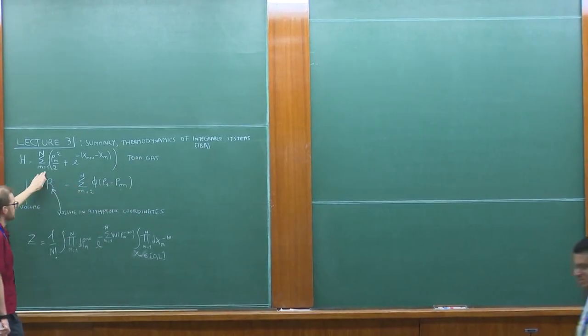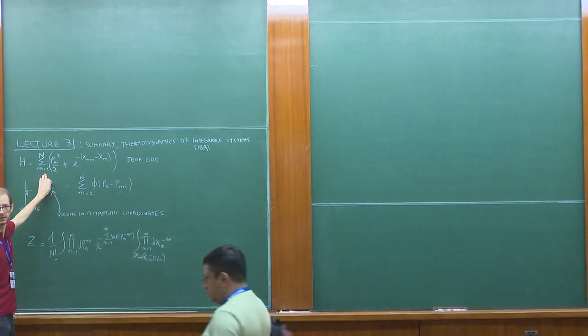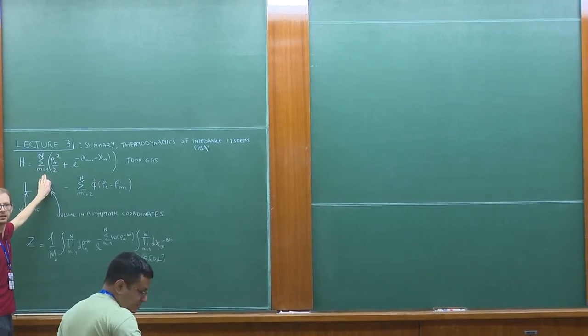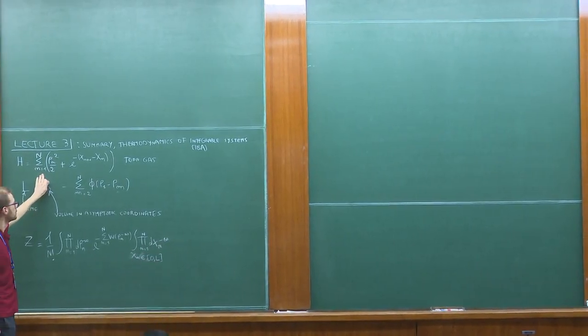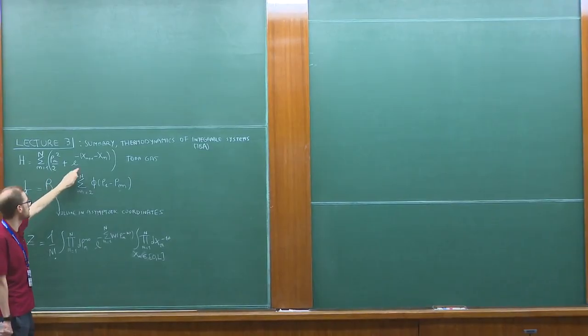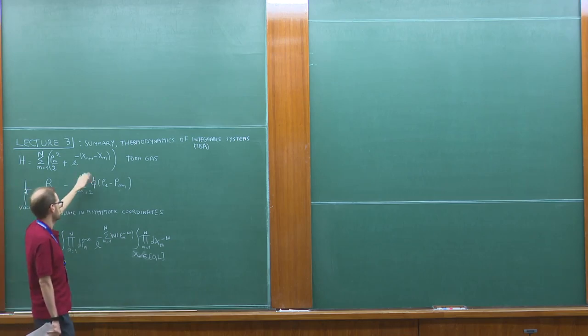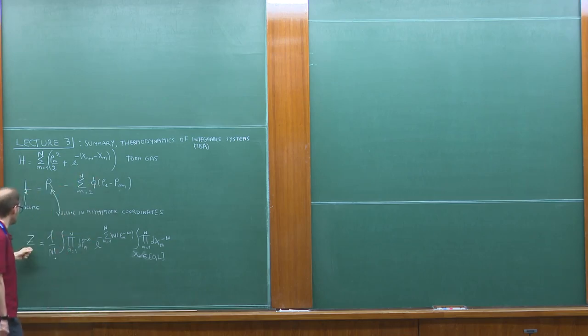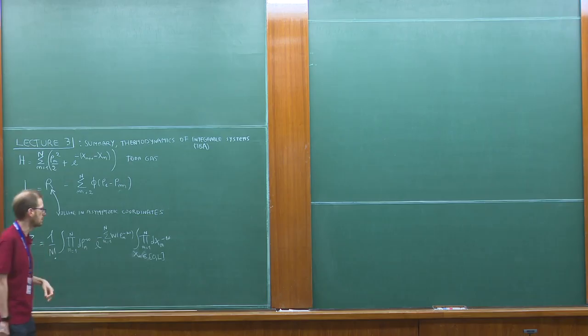We considered as a paradigmatic example this classical gas, which is called the Toda gas, where you have particles, non-relativistic momentum, and then some interaction. Since we are interested in thermodynamics, we wanted to compute the partition function for a canonical equilibrium or generalized equilibrium state.